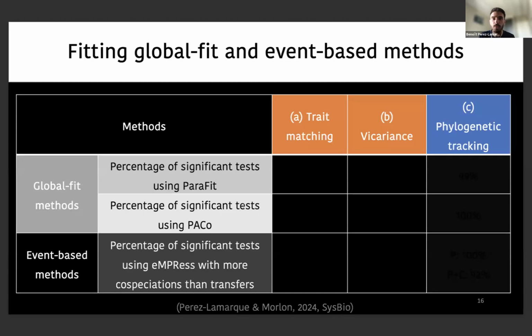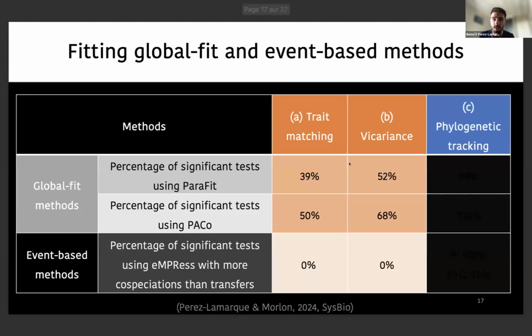For trait matching and vicariance simulations, which only generate co-phylogenetic signal and no phylogenetic congruence, we can see that when we run parafit and PACO, in half of the simulations we observe significant tests. And when we run an event-based method like Empress, we see 0% of simulations that are significant.